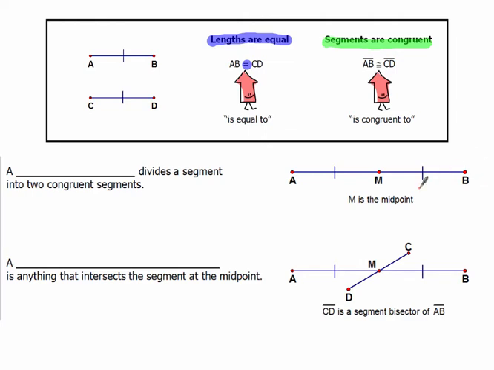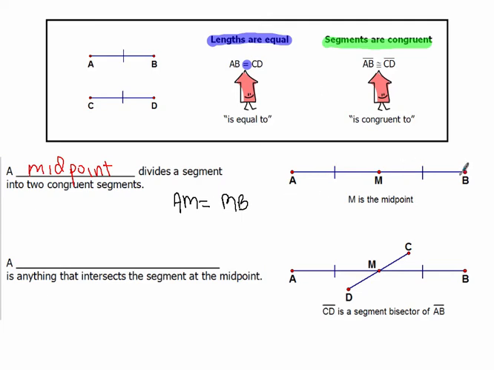When we're taking a look at the very first picture, we can see that M is our midpoint, and a midpoint divides a segment into 2 congruent segments. Now, with that said, there's going to be 2 different statements we could make here. One statement is going to be AM is equal to MB.